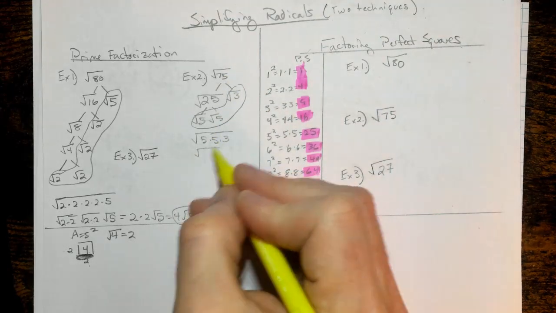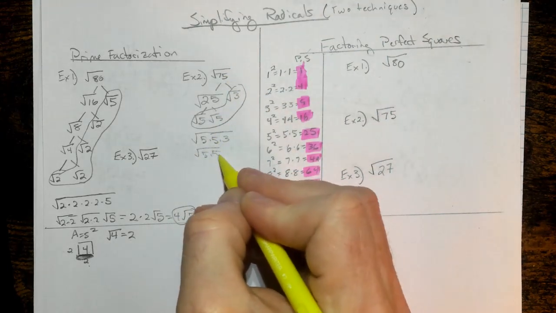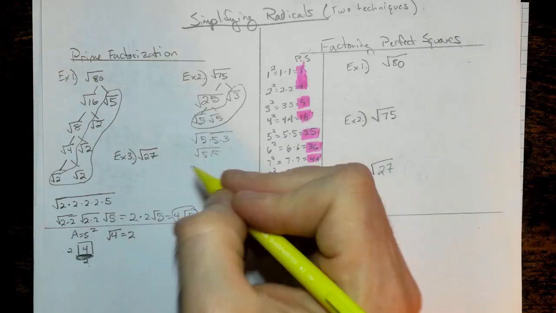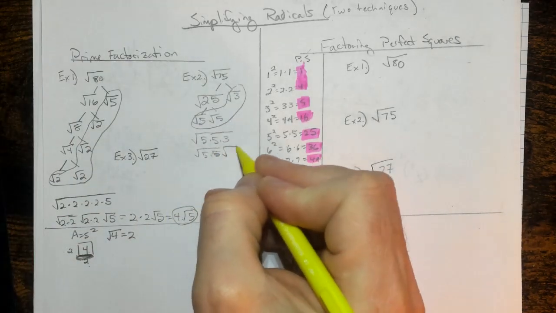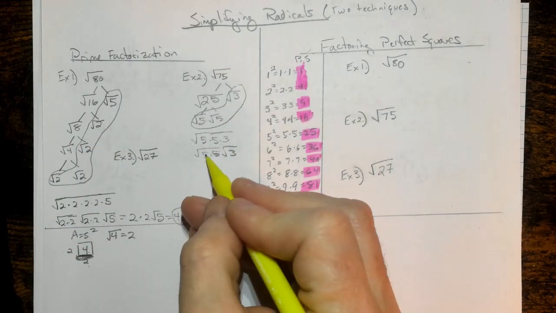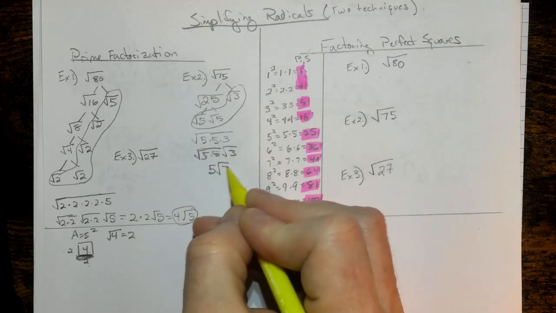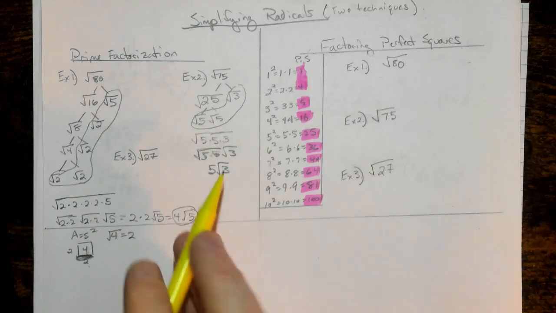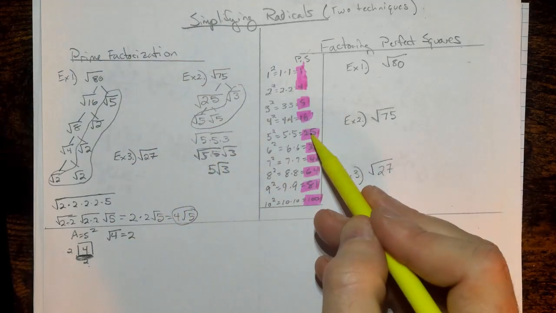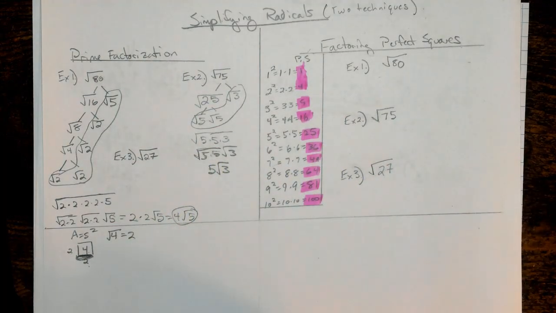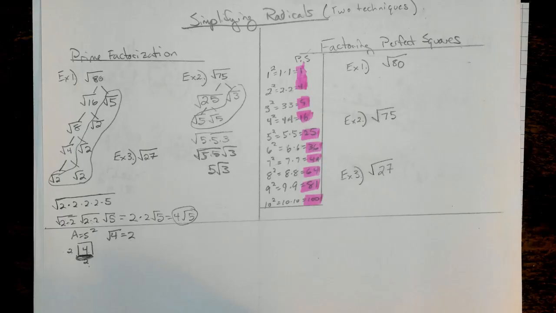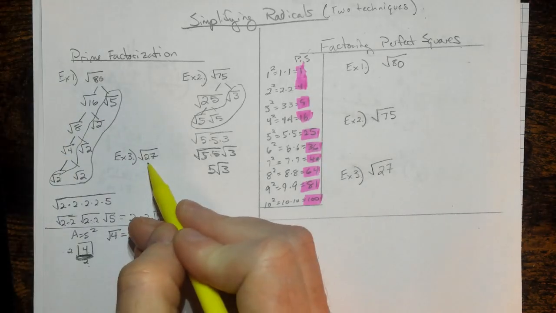But if I separate it, where I have 2 5's times the square root of 3, the square root of both of these 5's just gives me one side, because the square root of 5 times 5 is really the square root of 25, and that's a perfect square, right?